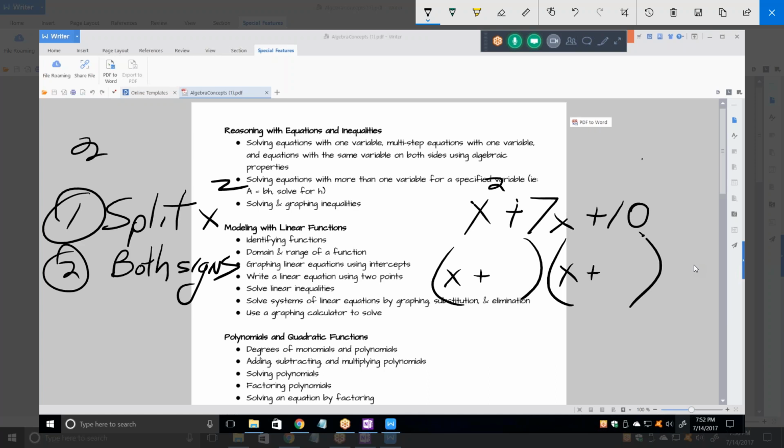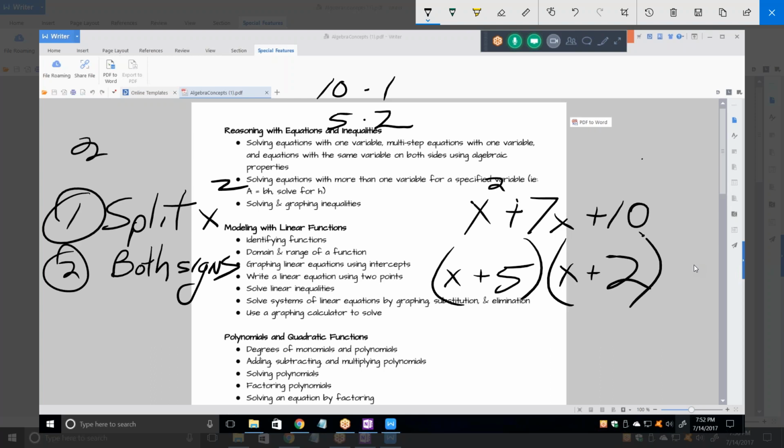What you need to do is think about all of the factors of 10. Well, there's a bunch of factors of 10. There's 10 times 1. There's 5 times 2. That's actually it. That's all of it. Well, which one adds to 7? Oh, 5 and 2. Yeah.